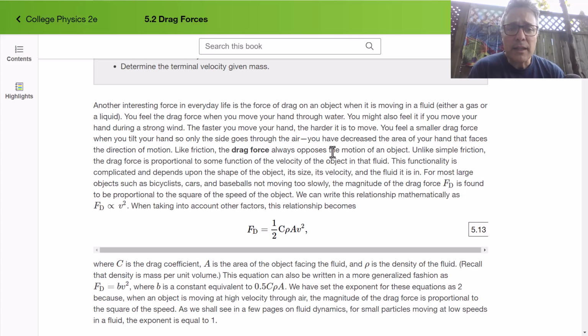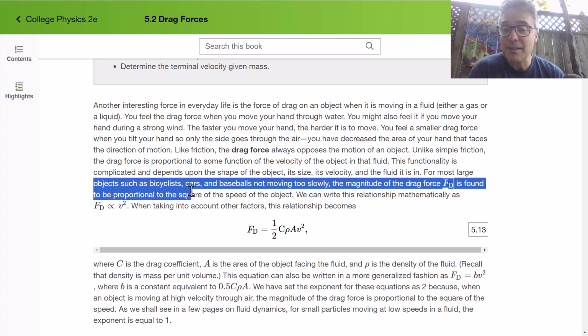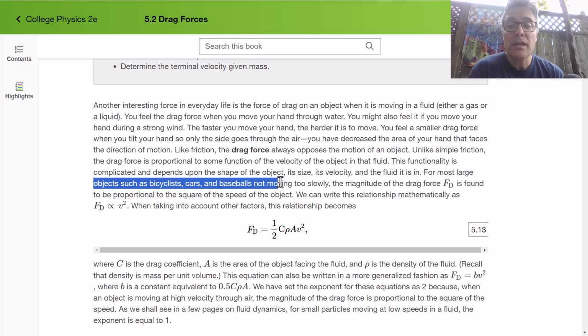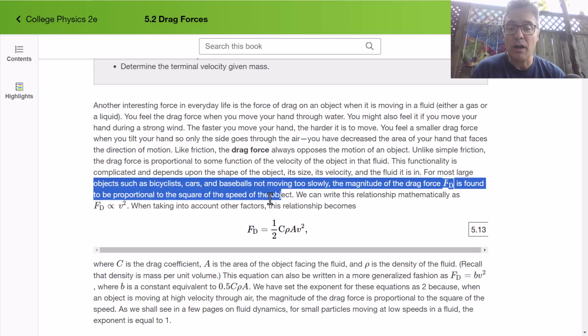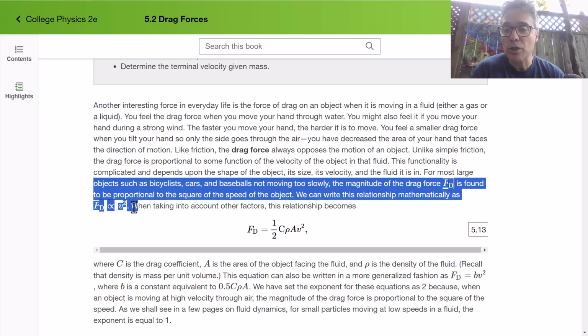And one of the models is that for most large objects, like bicyclists, cars, and baseballs, not moving too slowly, the magnitude of the drag force is opposite to the velocity, but it's proportional to the speed squared.